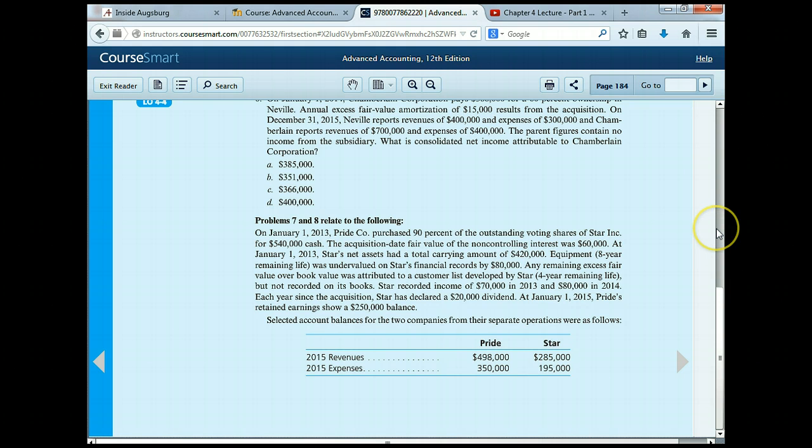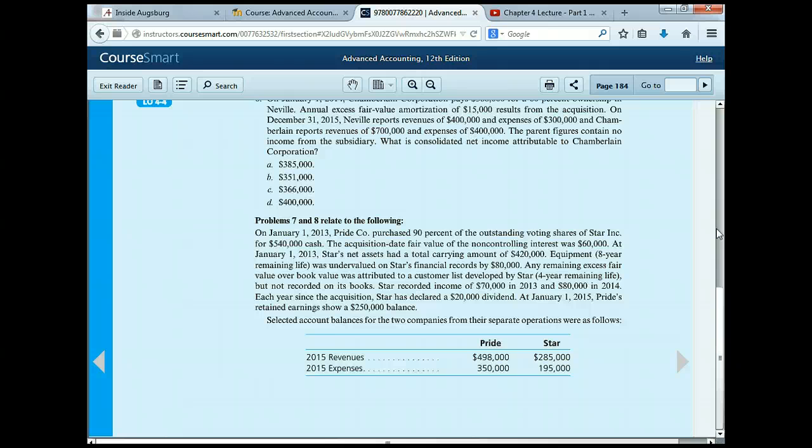The acquisition date fair value of the non-controlling interest was $60,000. So basically they're trying to show us what 100% of the fair value is going to be.